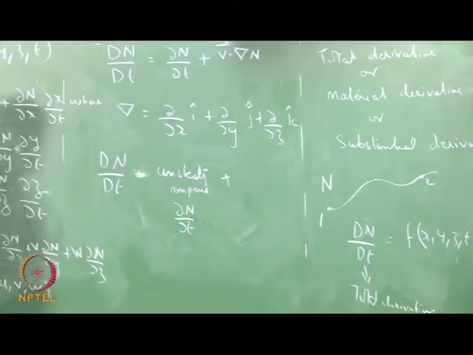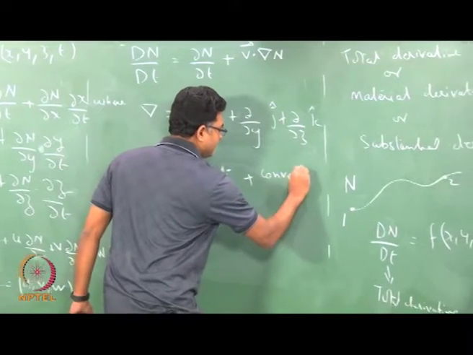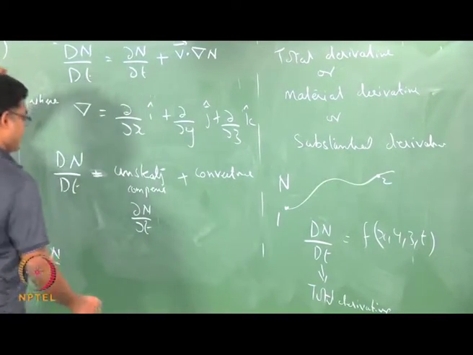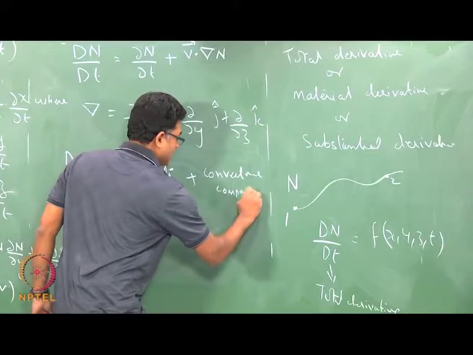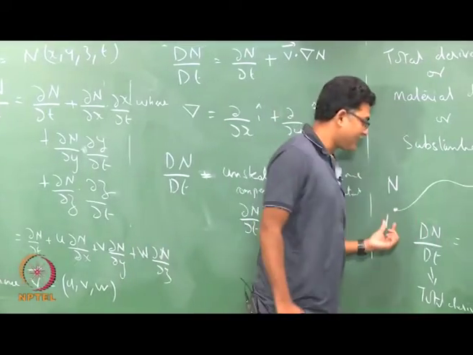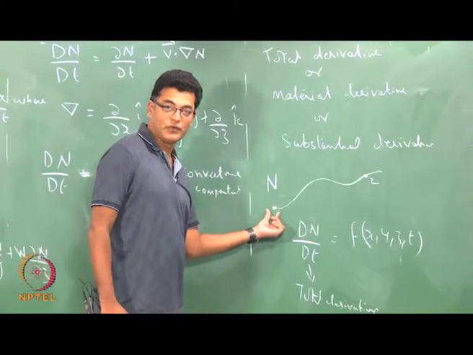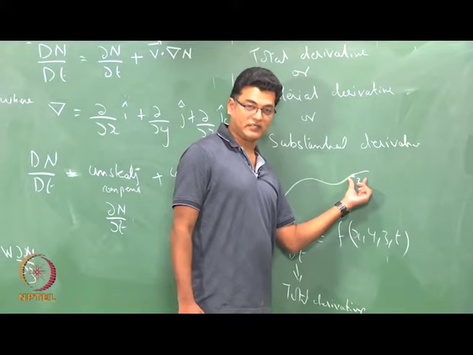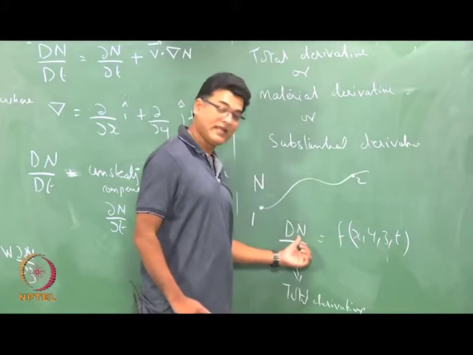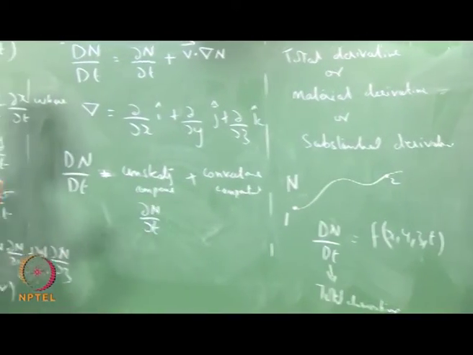Second, the second term on the right hand side is called the convective component, or the convective change of n due to the convection of the particle. If I measure the property n at location 1 and I measure the property at location 2 at the same instant of time, then there will be a difference, because n is a function of x, y, z, or the property is a function of space.